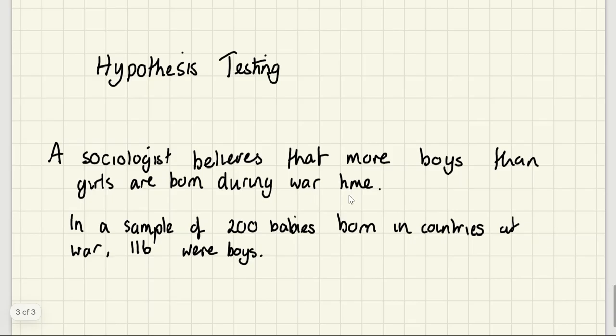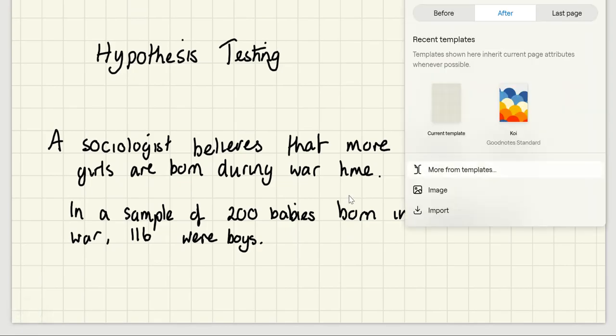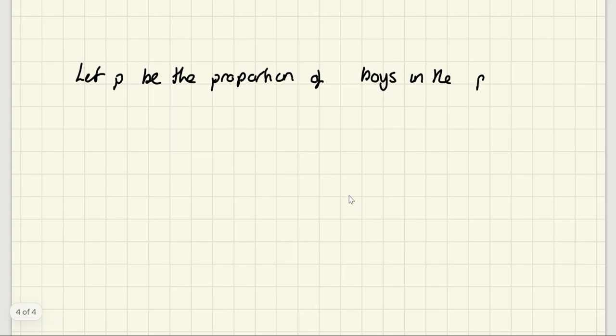But here's the formality. You understand the situation we're talking about, yeah? Okay. So we're going to write these things down. This is the formality to the answer, this is what you will write down. Let P be the proportion of boys in the population.